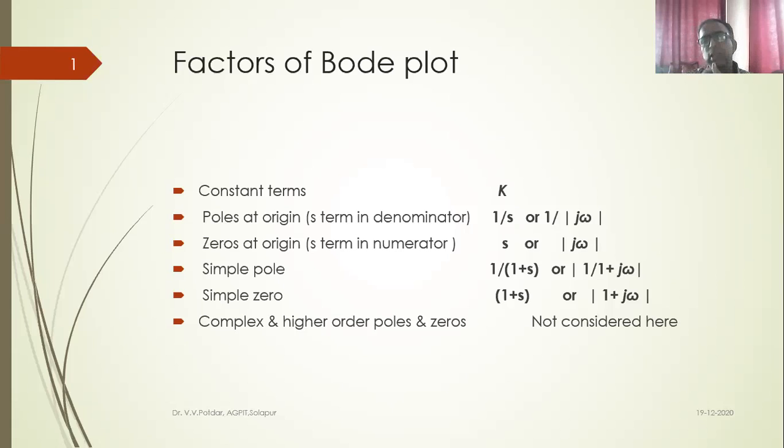And we also discussed the importance of pole zero plots in control system analysis. We understood in the last class that the numerators of the transfer functions provide us information about the zeros of the system, and the denominator factors help us in providing the poles of a given transfer function.